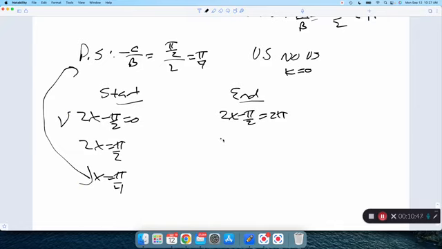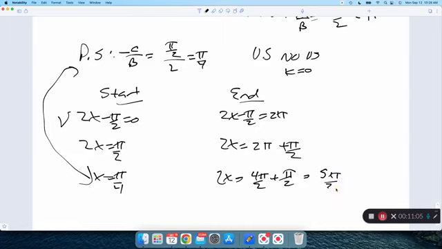And then end here. We're going to get 2x equals 2 pi plus pi over 2. I need a common denominator to add those together. That common denominator would make this 4 pi over 2 plus 1 more pi over 2. That would be 5 pi over 2.